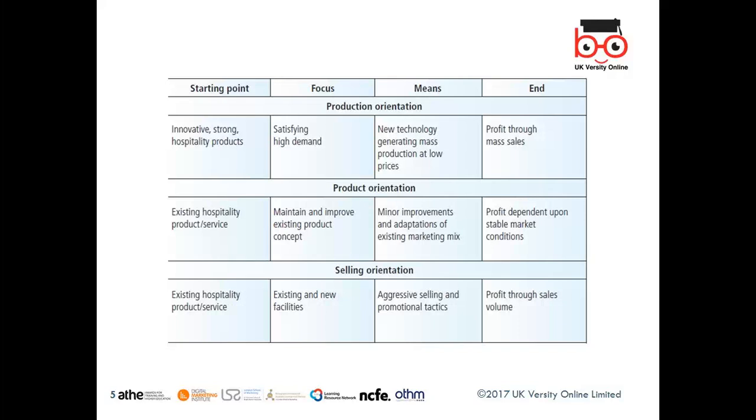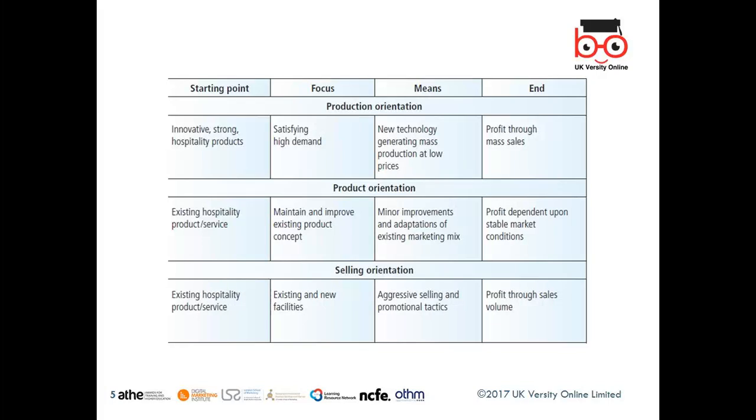Profit depends upon stable market conditions. If the market condition is not stable in the long term, we can't earn the profit. So we need to look at the product orientation concept.